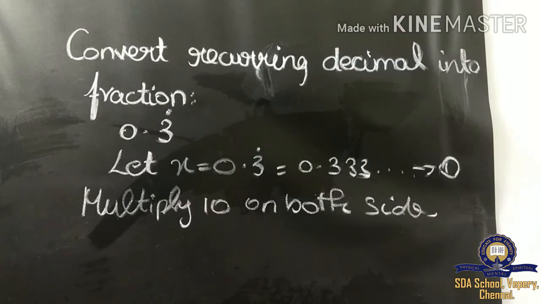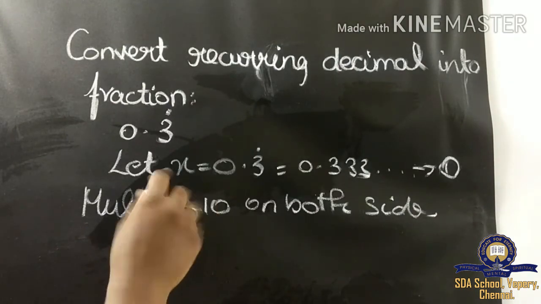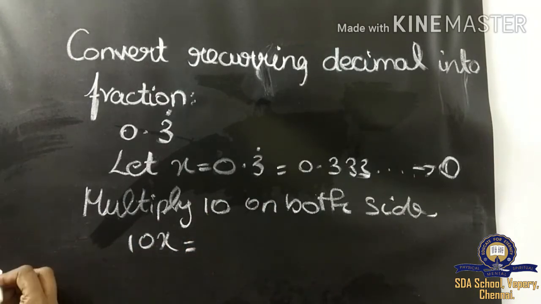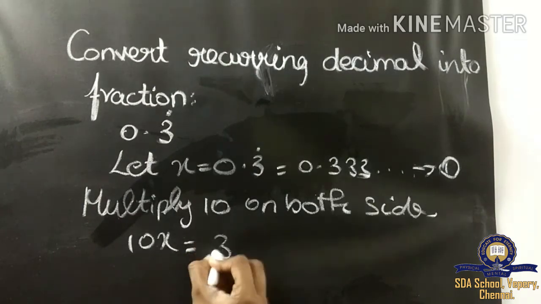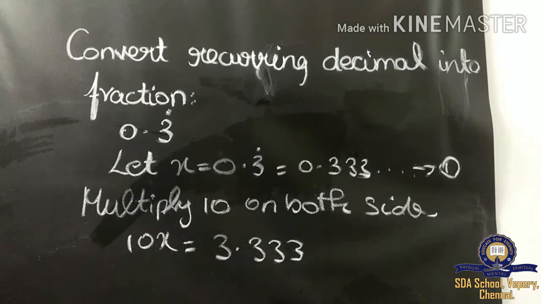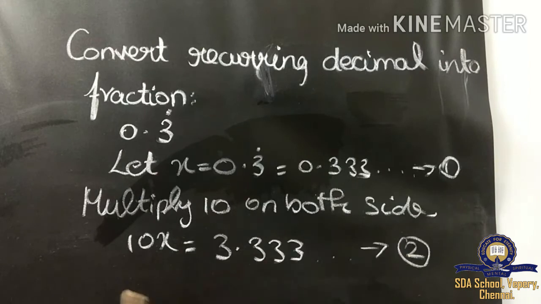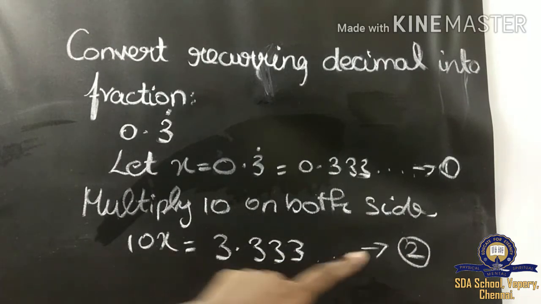If we multiply 10 on both sides, 10 into x will be 10x, right? 10x is equal to 10 into 0.333, which comes to 3.333 like that. If you multiply, it will come like this. We take this equation, 10x, as number 2.